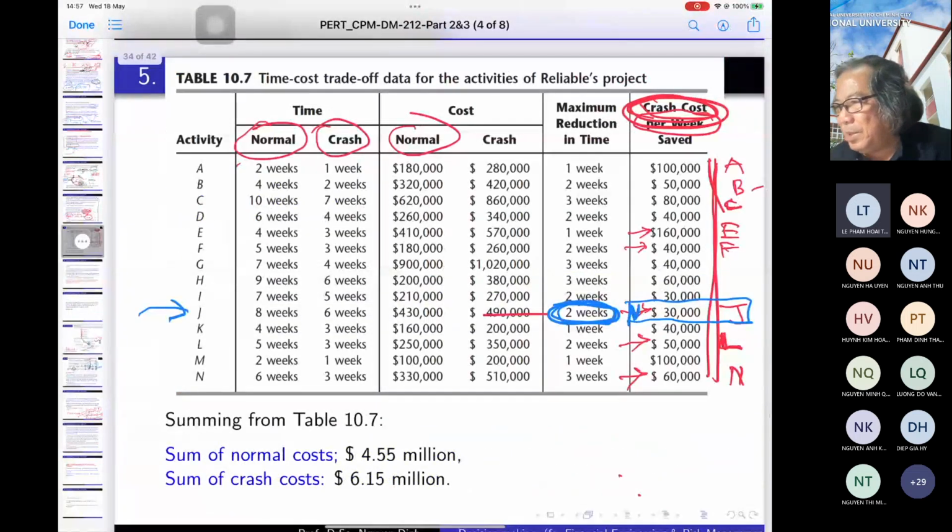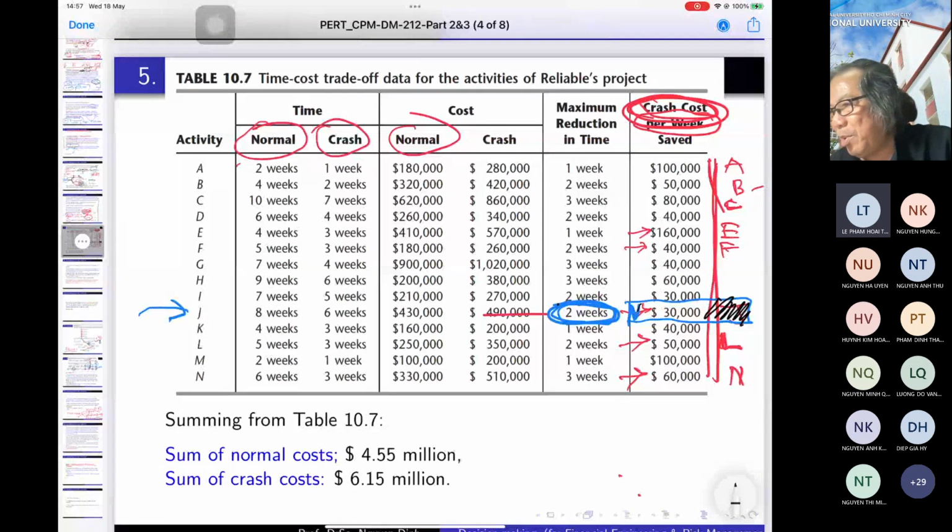here, you see all the nodes in the critical path are now A, B, C, E, F, J, L, N. And among these nodes, we don't care about J anymore, because you can reduce 2 weeks, and I did it already.